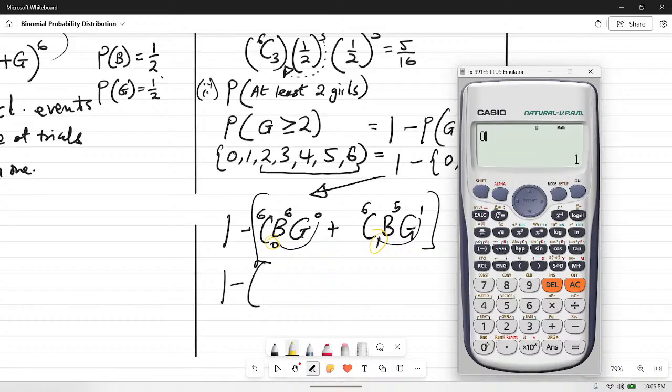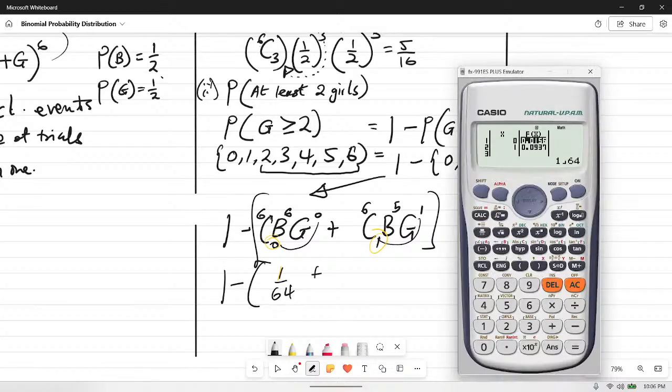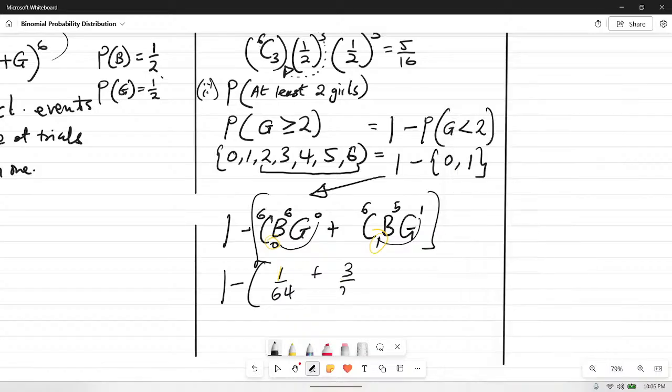So we start from 0 and we end at 1. Okay, number 64 plus number 32.